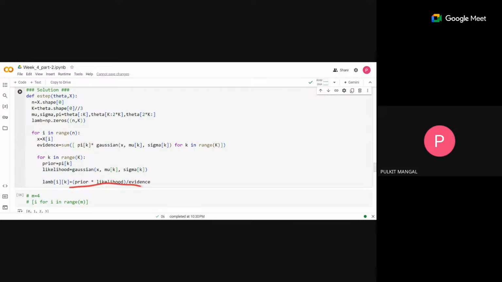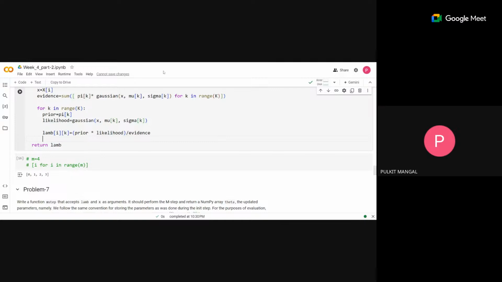Now we are replacing that entry with the probability. Got it? Yes, sir, understood. That's all for each step, and we will return the lambda. I know it is a little bit heavy and will take some time to digest. Don't worry, just look at the formula and try comparing them side by side. Then probably you will be able to get it.